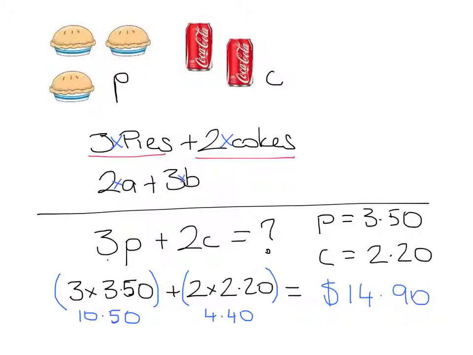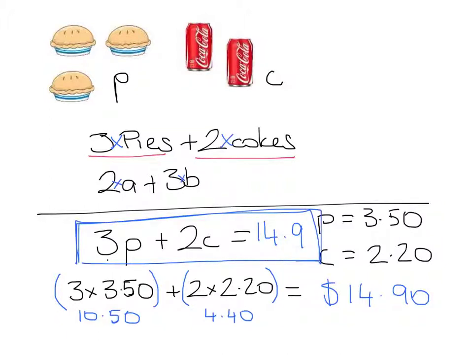Quite simple. We could also put this back up here in our original equation and say 3P plus 2C equals 14.9. Isn't that amazing? Algebra is very, very simple.